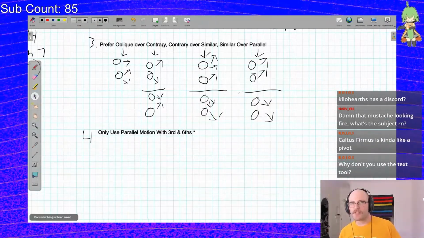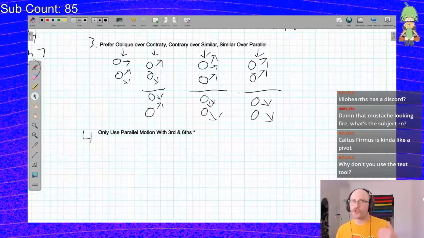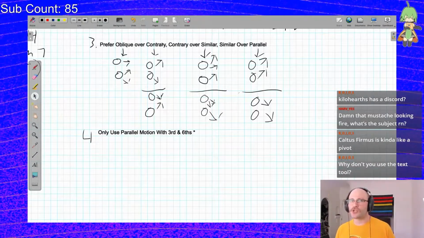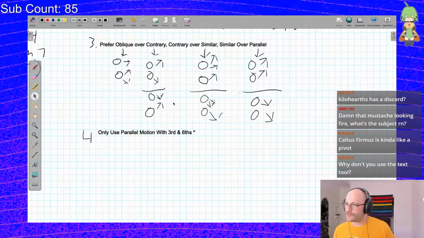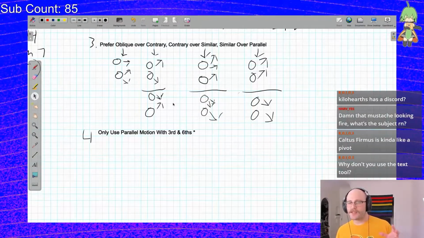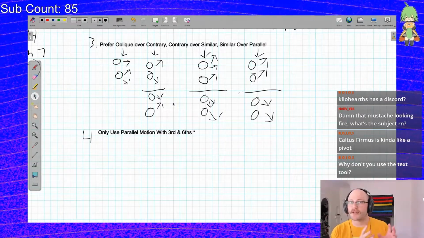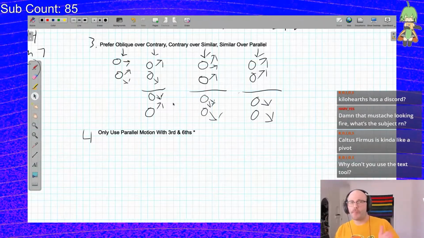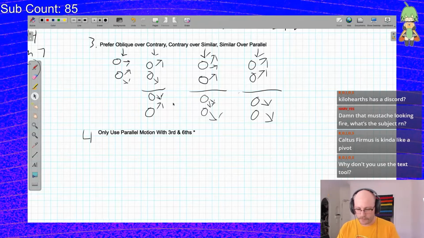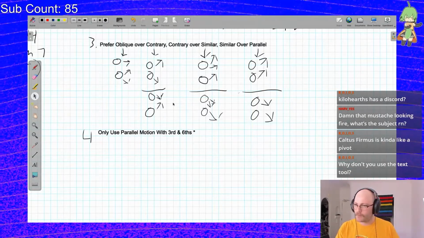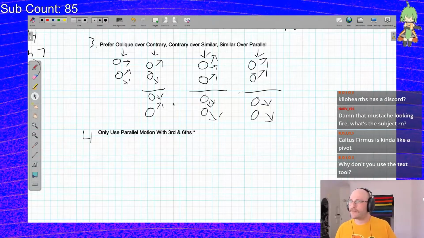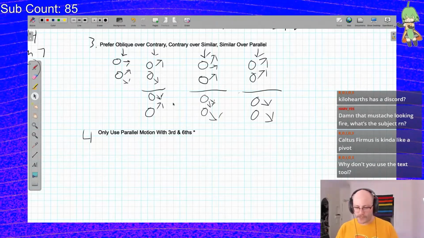With most of these other motions, you naturally will start to avoid these dissonant intervals and these two perfect intervals. When you're doing oblique motion, you can always hear that upper note staying where it's at.